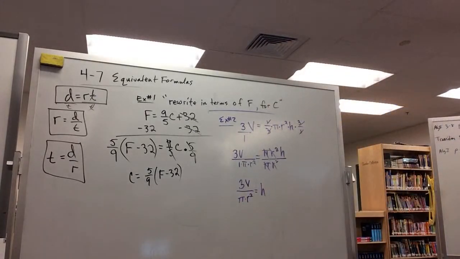So it's the same formula, but in this case it's written for h in terms of volume, pi, and radius. Okay. And the last one.